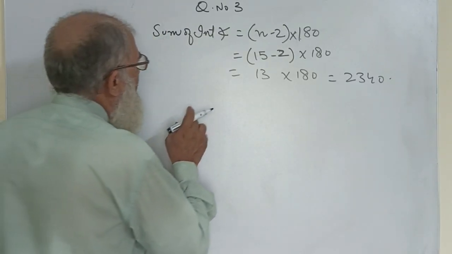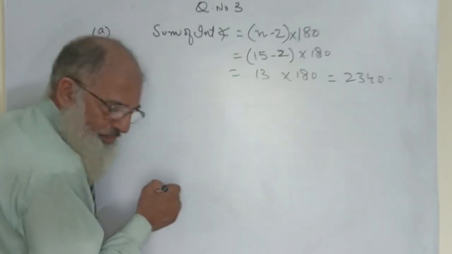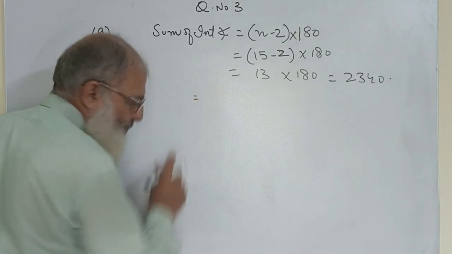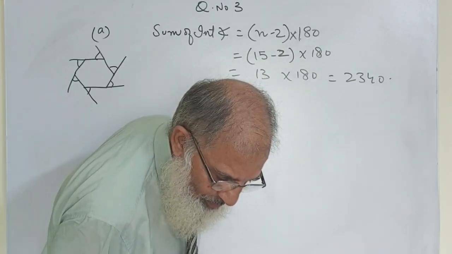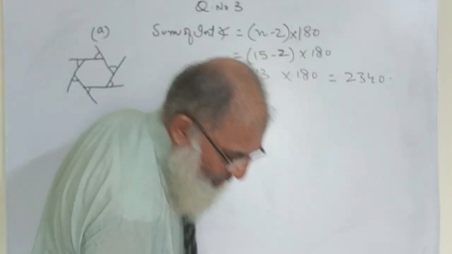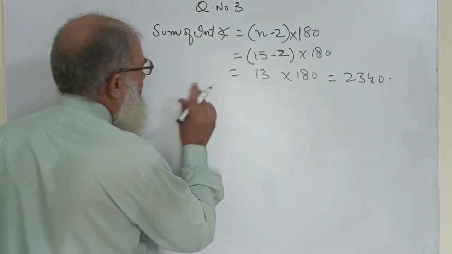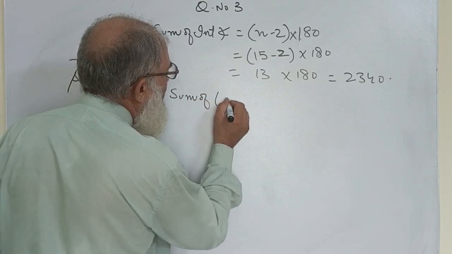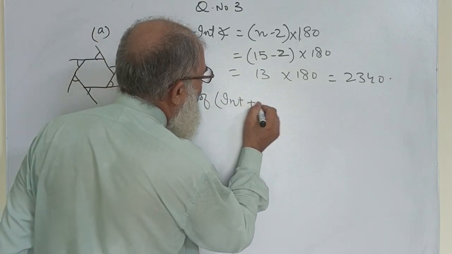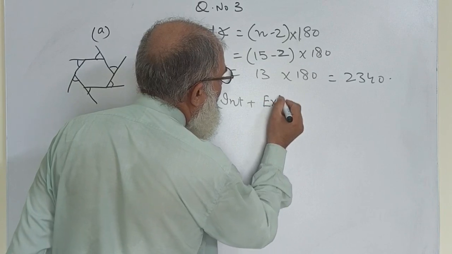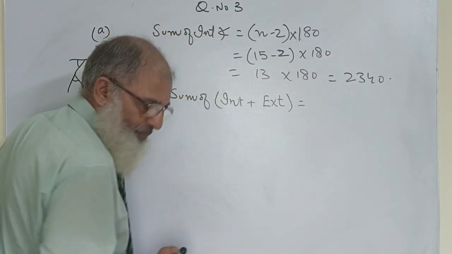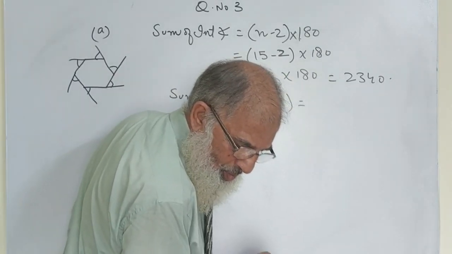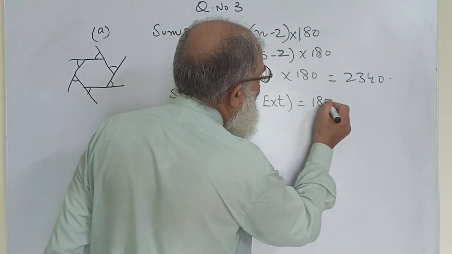How? There is a formula that the sum of interior plus exterior angles is equal to 180 multiplied by n.